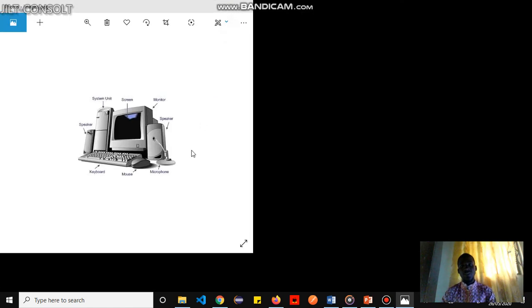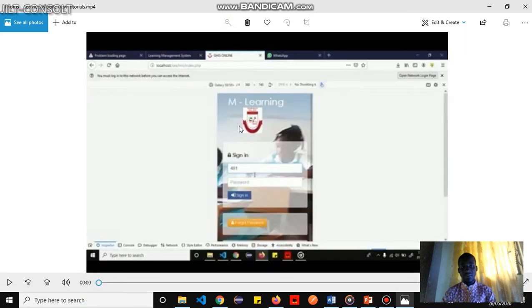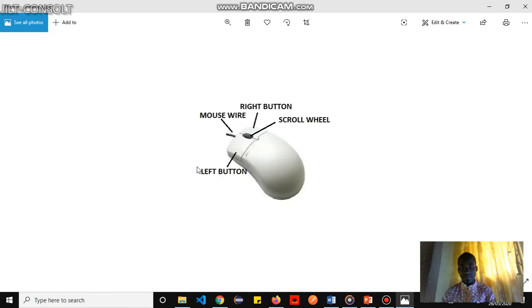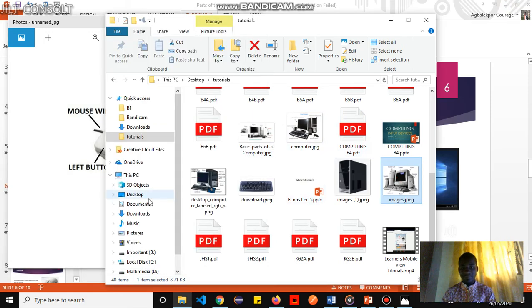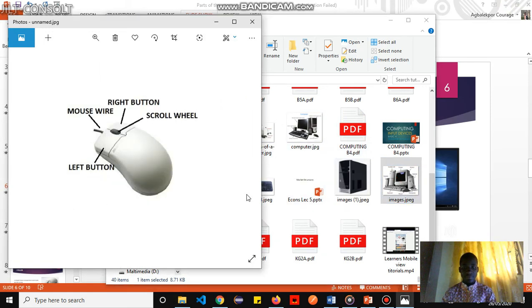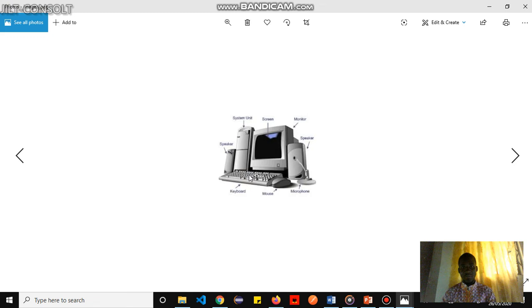So we have two types of monitor. Let me take my time and complete. Yes, I'm talking about this computer here.